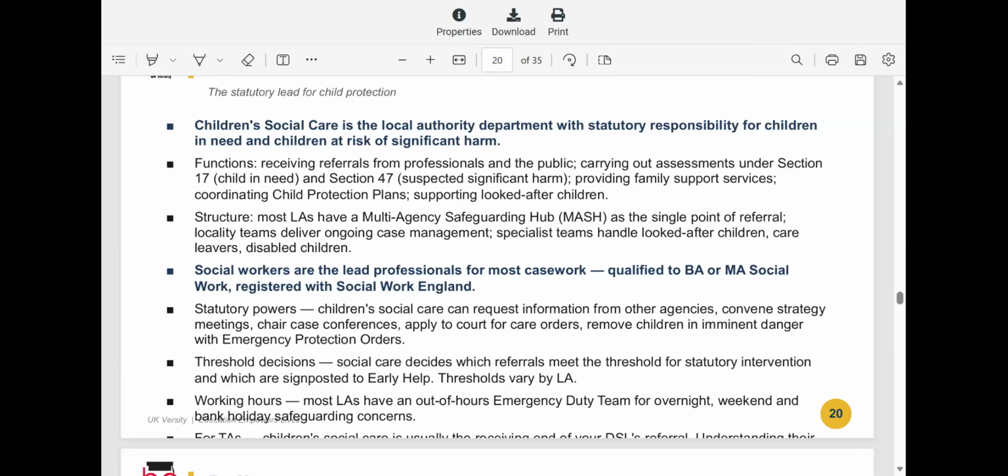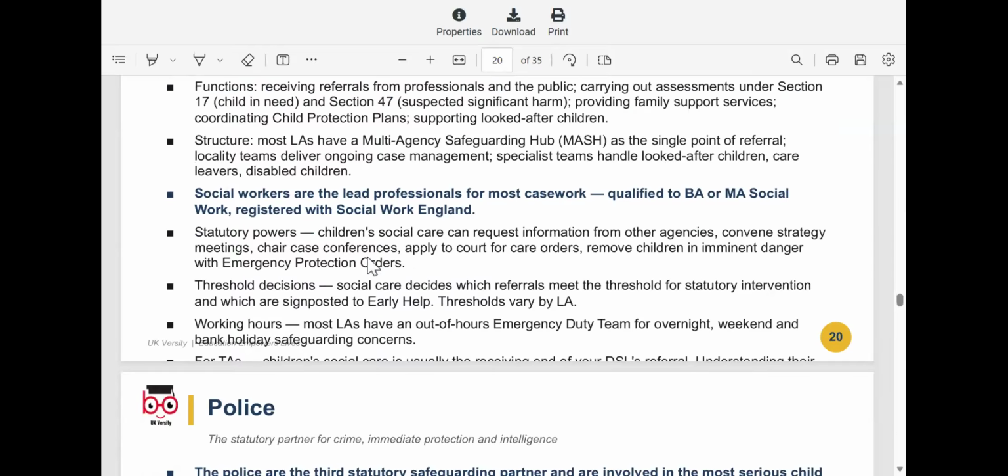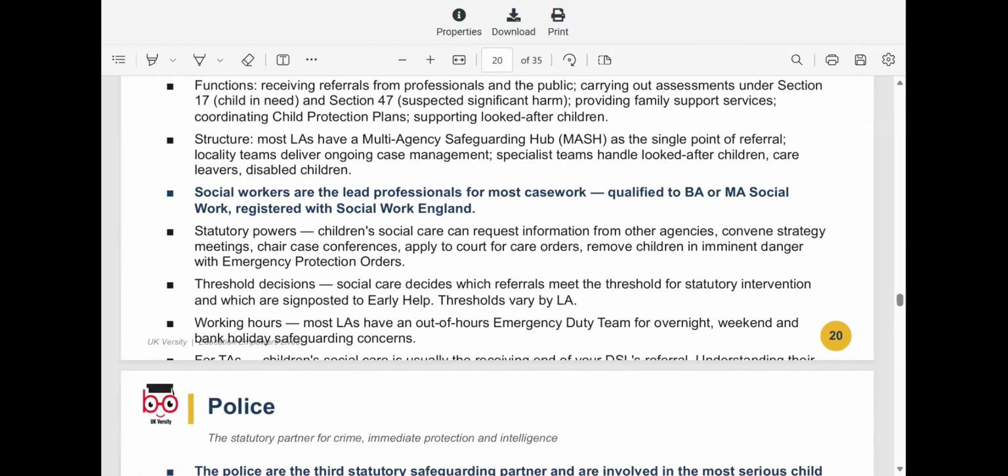They operate alongside statutory partners like the police, and they hold the responsibility to coordinate, safeguard, lead investigations into significant harm and manage protection plans for children. And Section 47 leads formal investigations if there's reasonable cause to suspect a child is suffering significant harm.